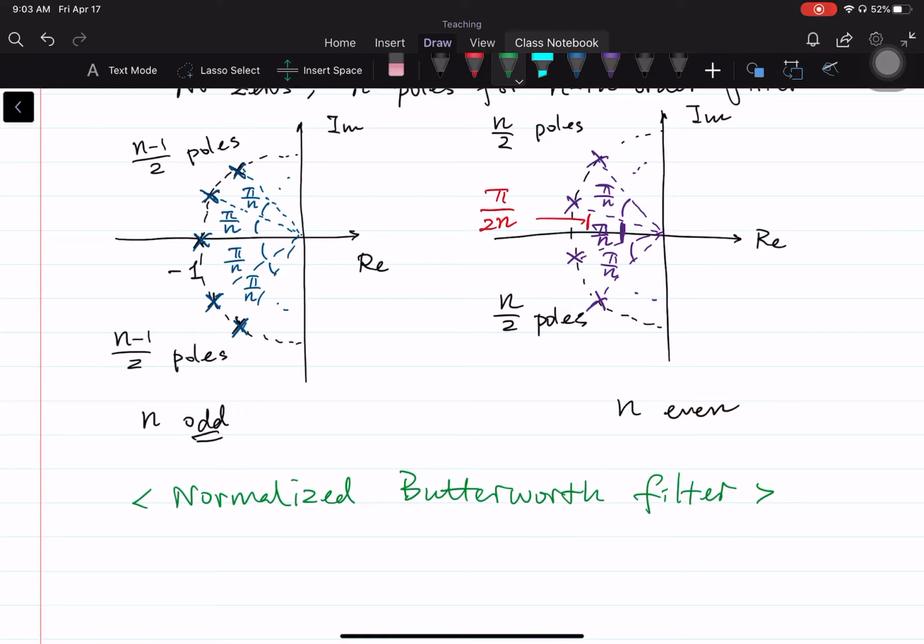And we'll start looking at the Butterworth filter by focusing on this normalized version, and then we'll discuss how we can extend this to a more general scenario.